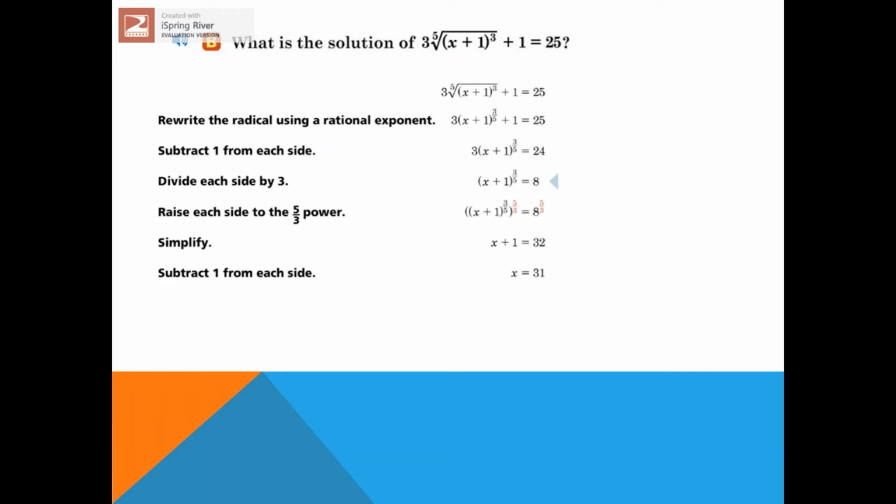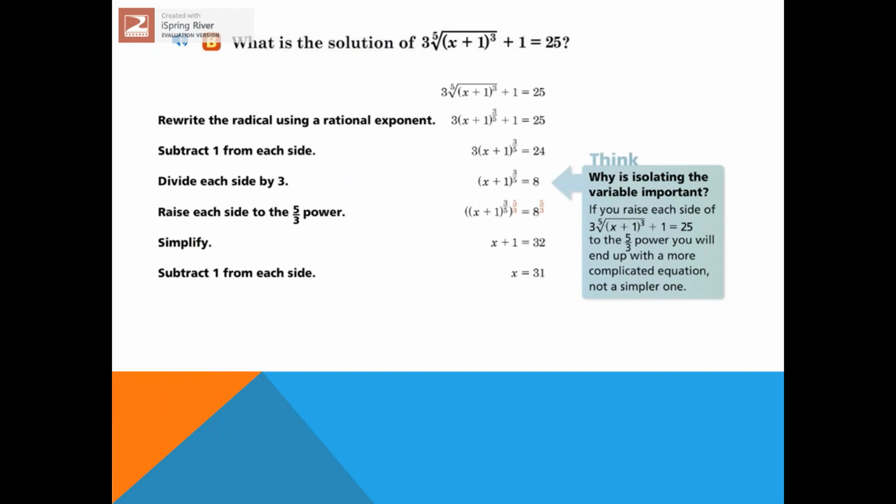So 3 times (x plus 1) raised to 3 over 5 plus 1 is equal to 25. Now, to simplify, we subtract 1 from both sides of the equation. So we have 24 divided by 3 is 8. So (x plus 1) raised to 3 over 5 is equal to 8.